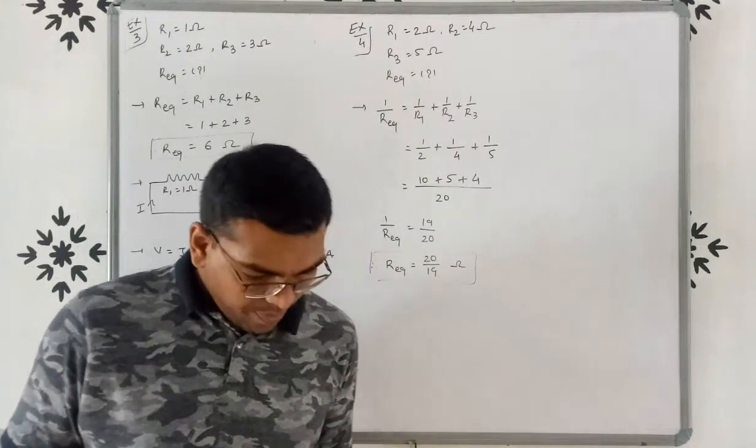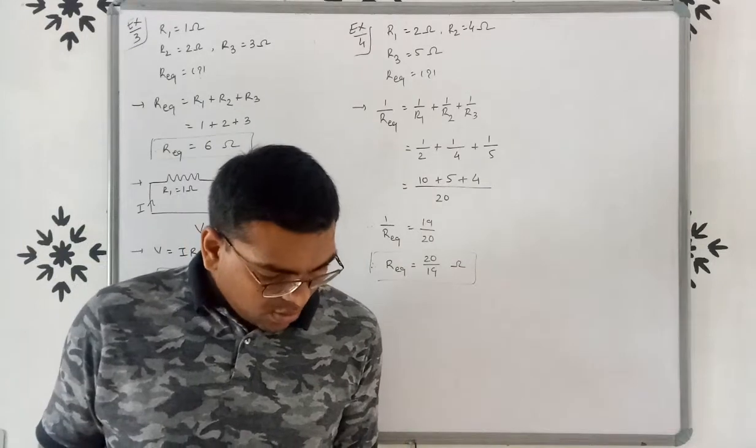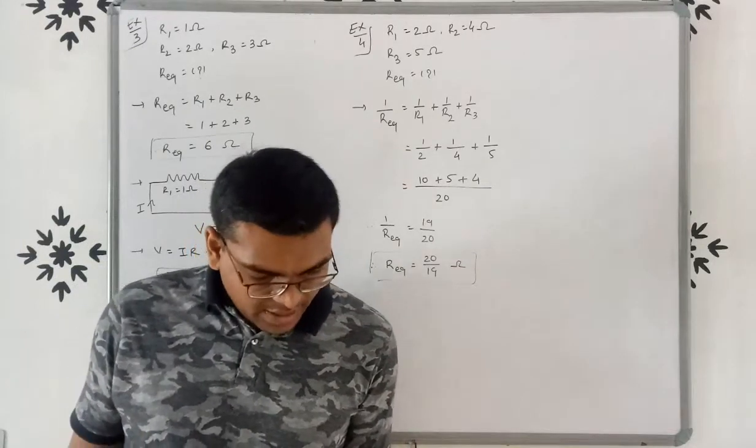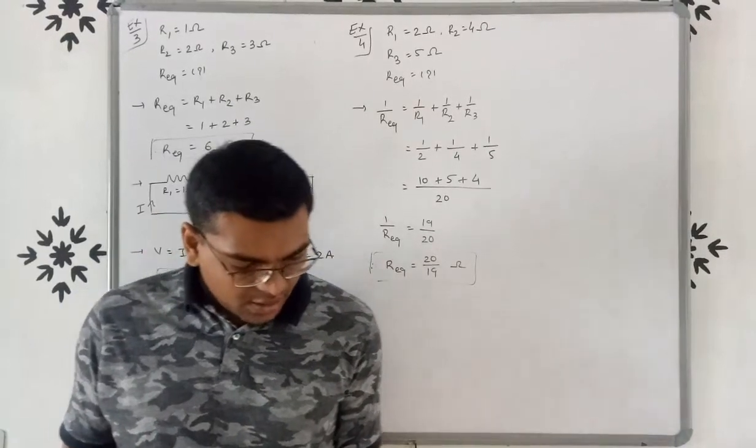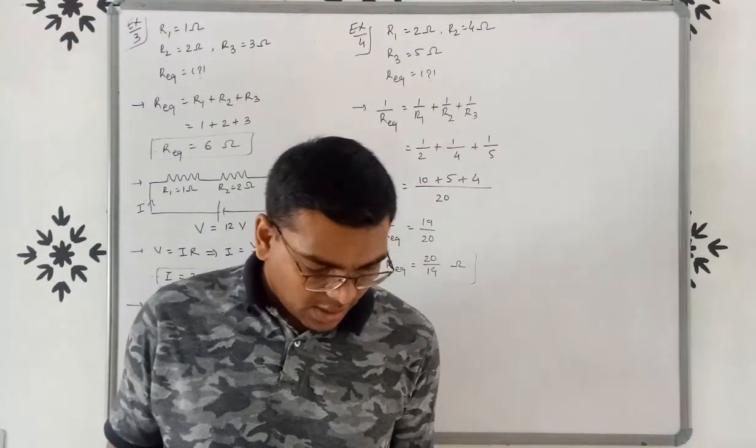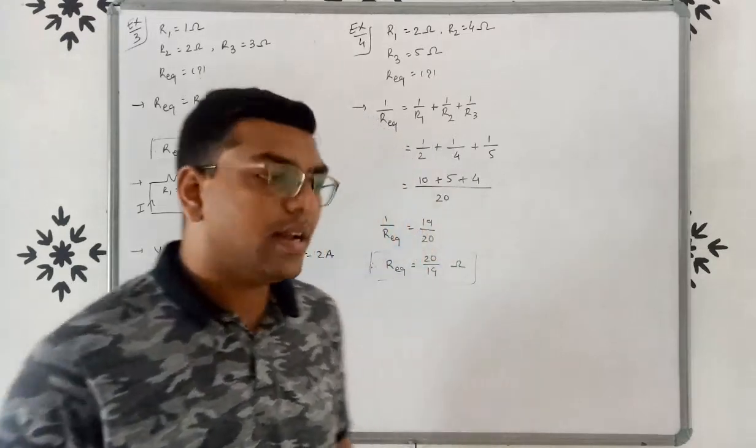Now if the combination is connected to a battery of 20 volt and negligible internal resistance, determine the current through each resistor and total current drawn from the battery.